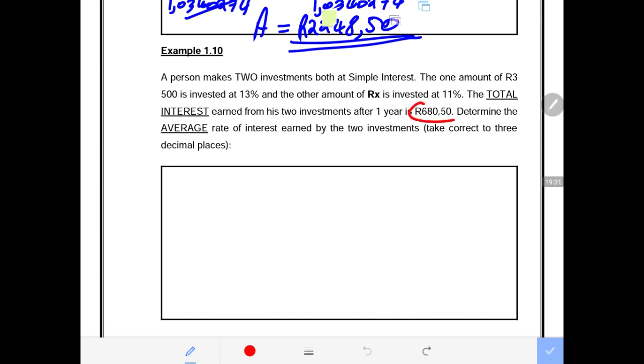We have our interest earned for both investments, which is interest on investment 1 plus interest on investment 2 equals 680 rand 50 cents.